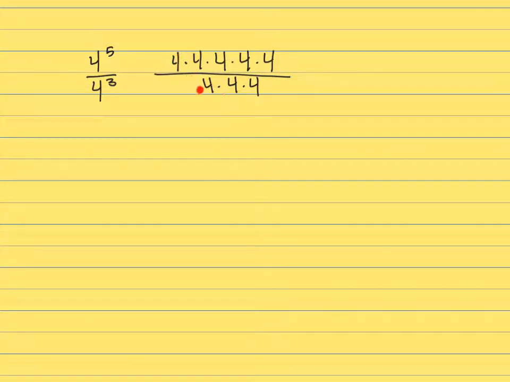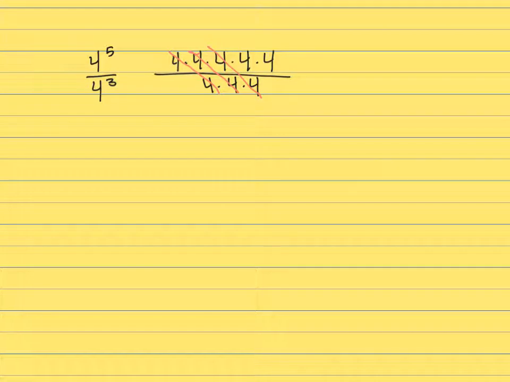And anything times 1 is its own self, identity property, right? So this cancels out. So I'm going to cancel that out. And then here I am faced with another match. 4 divided by 4 is 1, so those cancel each other out. And again, 4 divided by 4 is 1, so those cancel each other out.